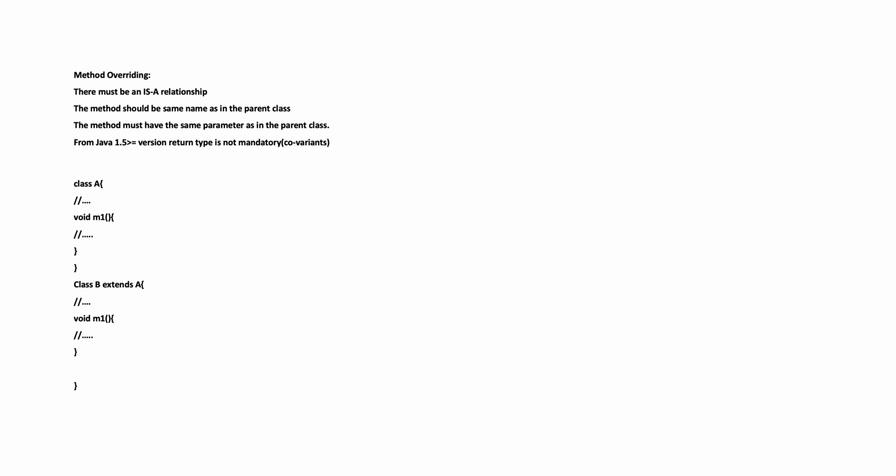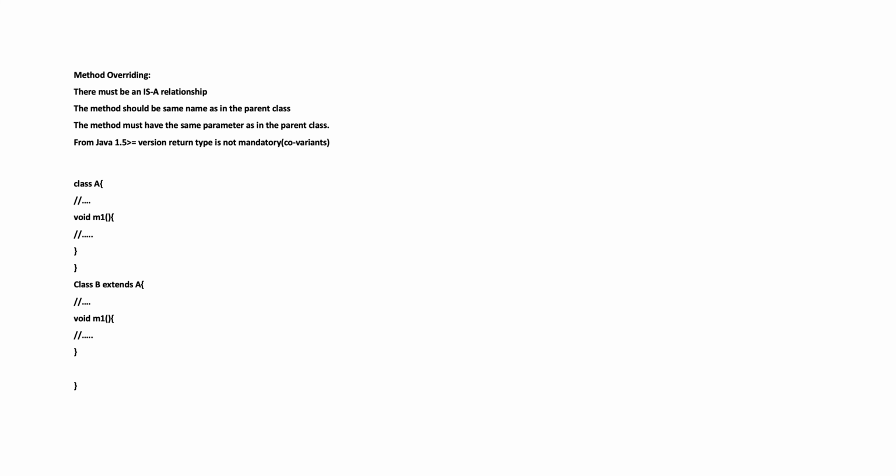So when will we say that two methods are overridden? For that we need a relationship between the two classes. Among them there should be one parent class and one child class.